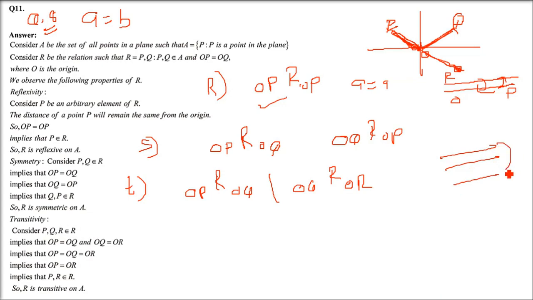So one line is equal to the second line is equal to the third line. This is quite obvious that the first line is equal to the third line. OP equals OQ, OQ equals OR, so OP equals OR. So this is transitive as well. So this is question number 11, and this is almost equal to the question number 8 which we have already done.